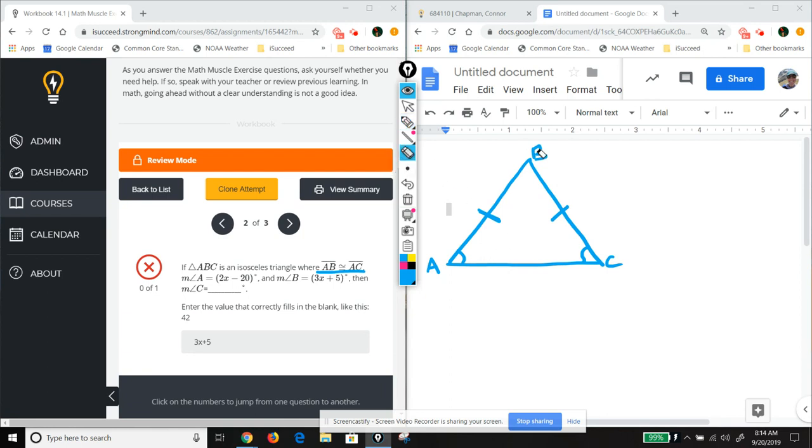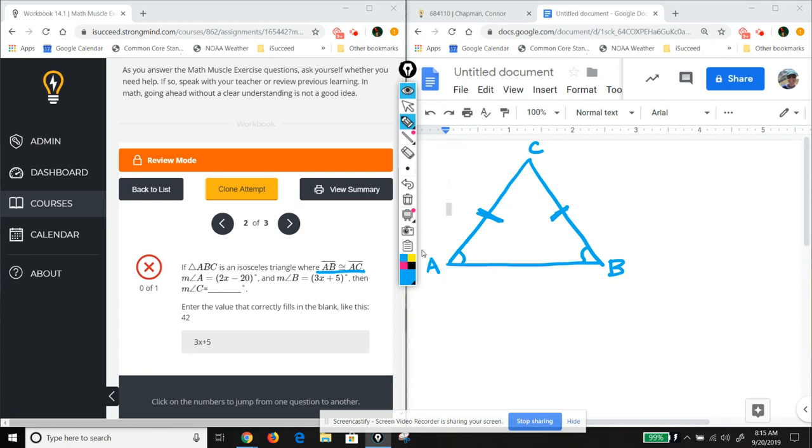So I need to swap around my labeling a little bit. C needs to be here. B needs to be here. So now I have AB congruent to AC, and the wording matches up with my diagram.